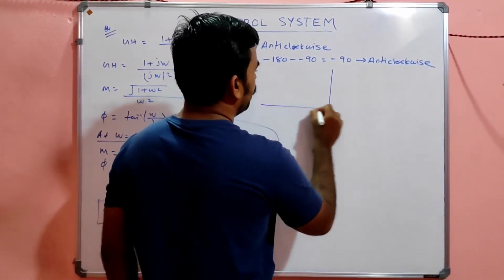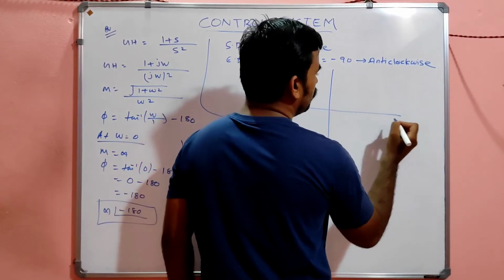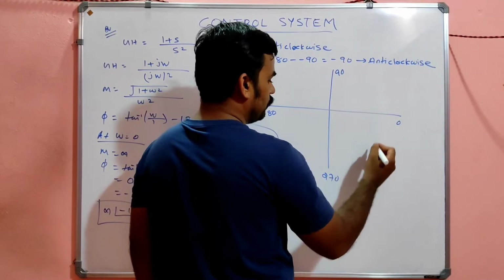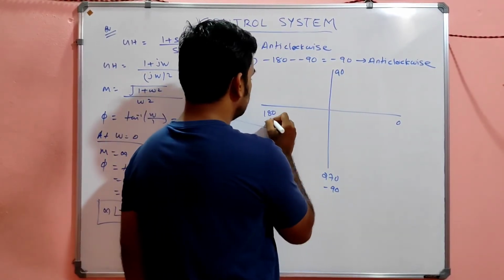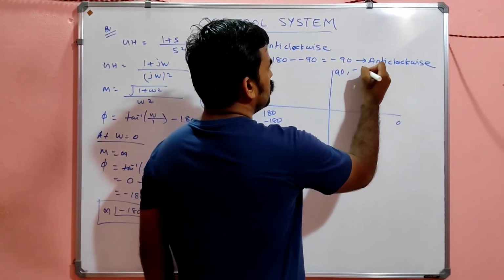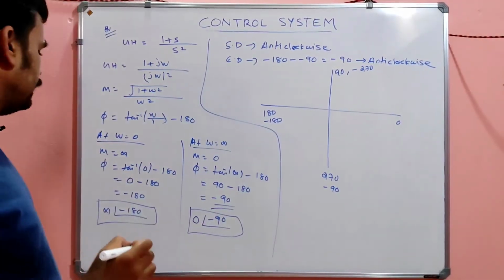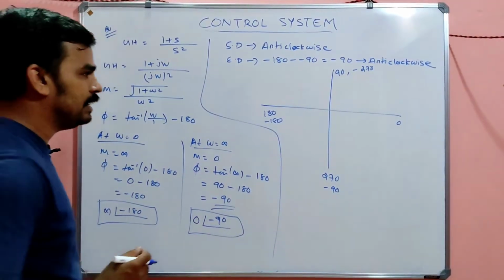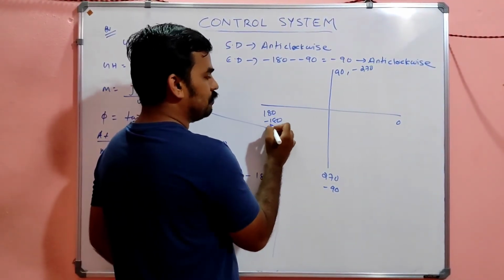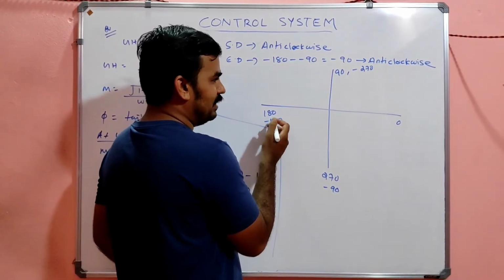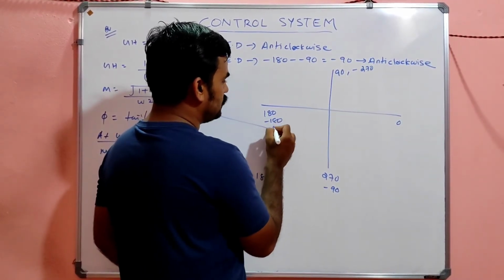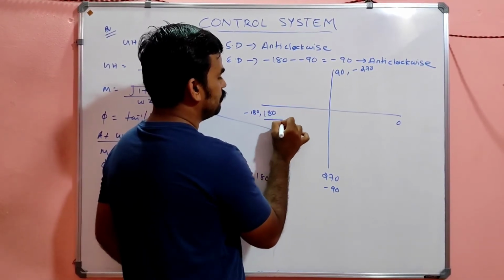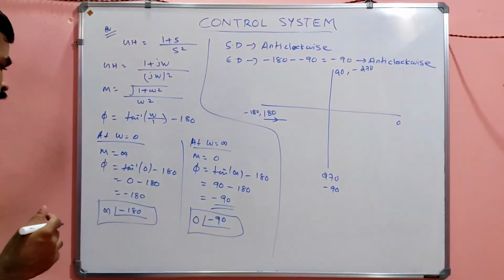So when we draw it on the graph, mark 0, 90, 180, 270 clockwise, and in anti-clockwise minus 90, minus 180, minus 270. So you have to start from infinity angle minus 180 in anti-clockwise. If you want to draw it anti-clockwise, you have to start from the bottom.